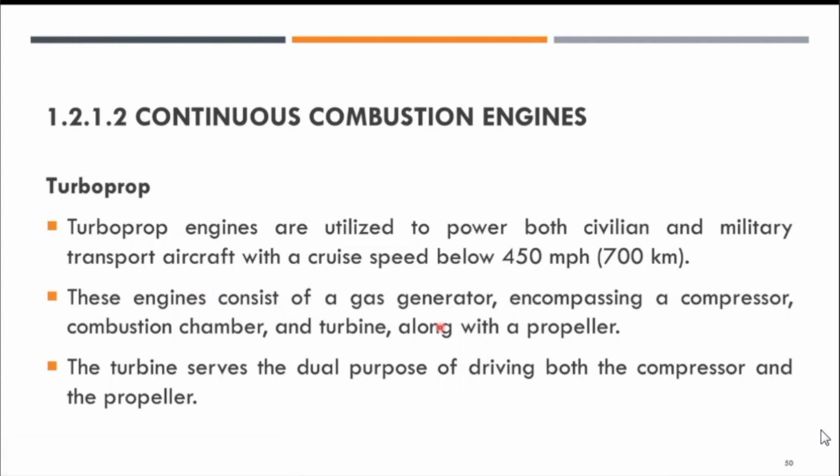The turbine serves a dual purpose: one is to drive the compressor, as well as to drive the propeller. The turbine is connected to the compressor and also connected to the propeller.